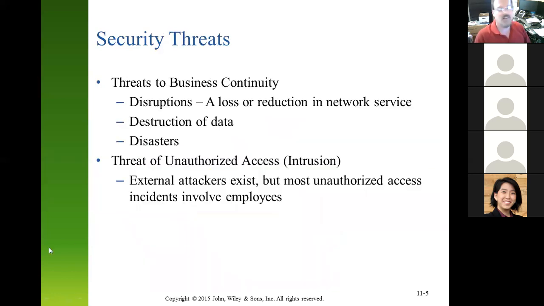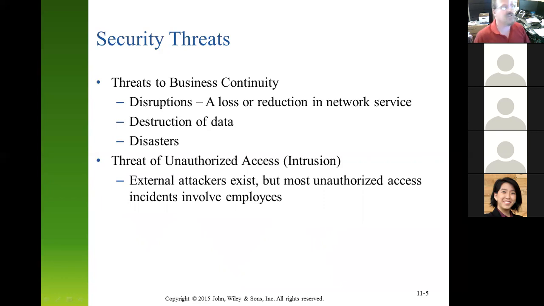First of all, let's talk about security threats. A threat, by the way, you know what threat means. That is basically just anything that can disrupt network security or network continuity or availability.